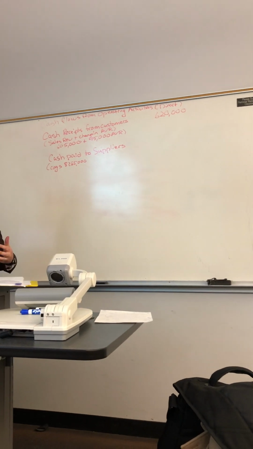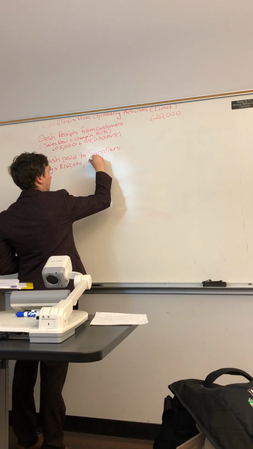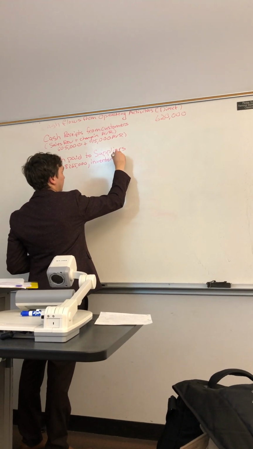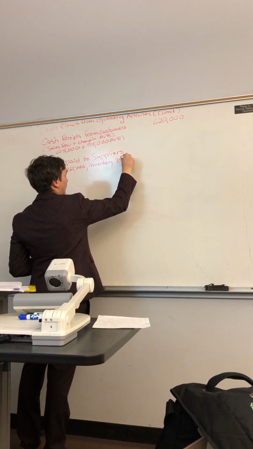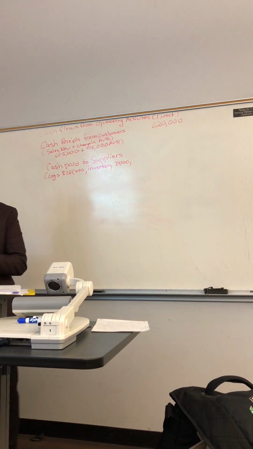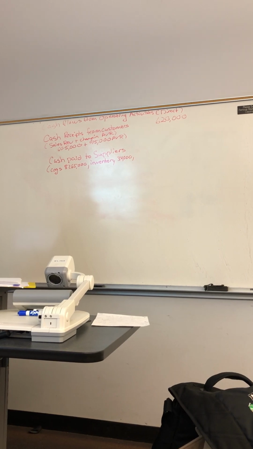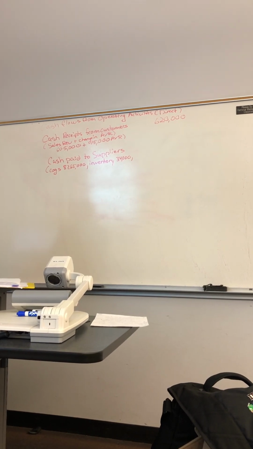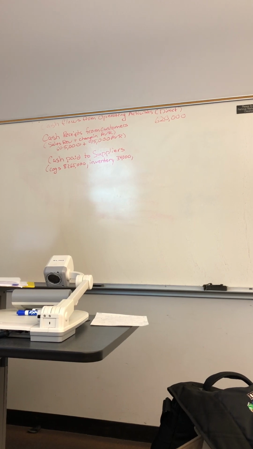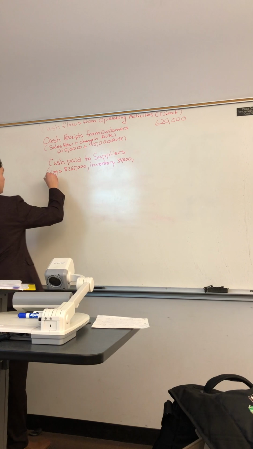Again, inventory going up means we spent more cash. So inventory, 34,000. Next up, this is to all our vendors and suppliers. We've got utilities expense next. We can see we spent 20 grand on utilities.